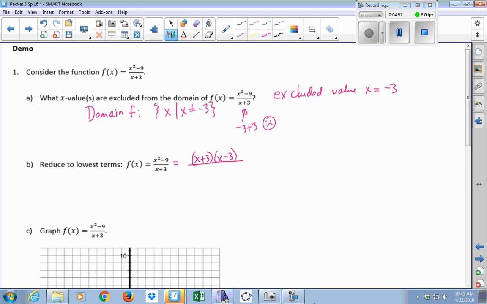That means they look almost the same except their operations are opposite or inverse, addition and subtraction. And then you notice that your denominator looks exactly like one of the factors in the numerator, and you can cancel them out to 1. And notice what you end up with, x minus 3.